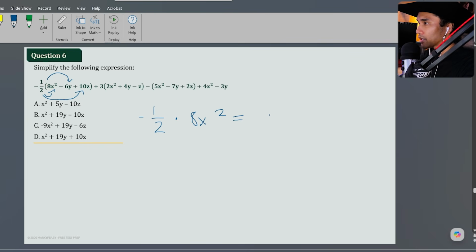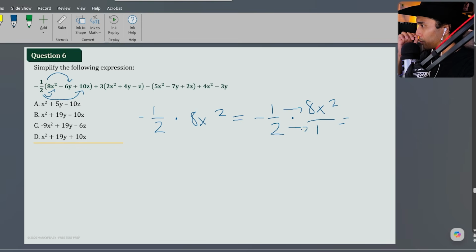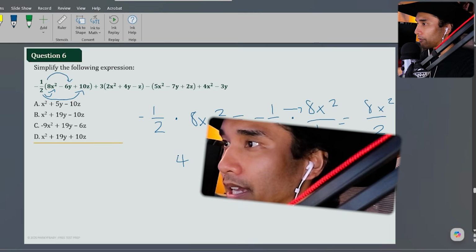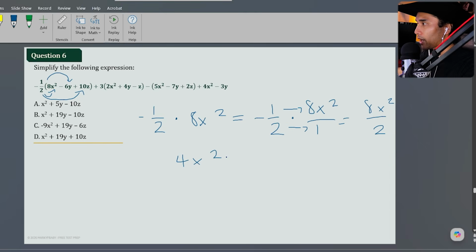And what this actually means is negative 1/2 times 8x squared over 1. And then we just multiply across, like we know how to multiply fractions, right? And this equals 8x squared divided by 2, because 2 times 1 equals 2. And what is 8 divided by 2? That's 4. So we have negative 4x squared as our first term here.